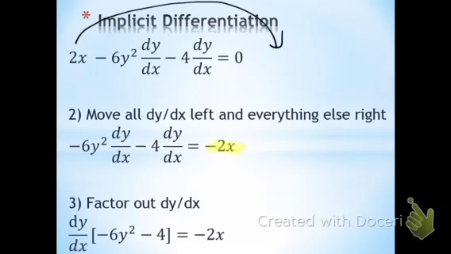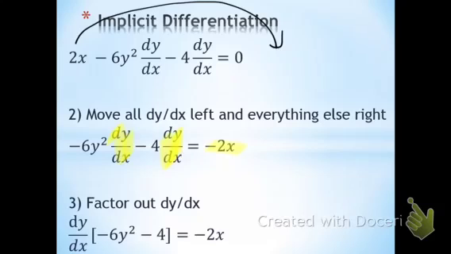And we can drop down to step 3 down here and factor out. We can undistribute both of these to right here. So dy dx is outside the parenthesis, leaving behind a negative 6y squared minus 4.